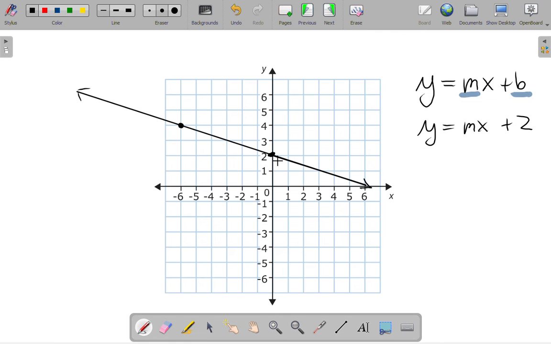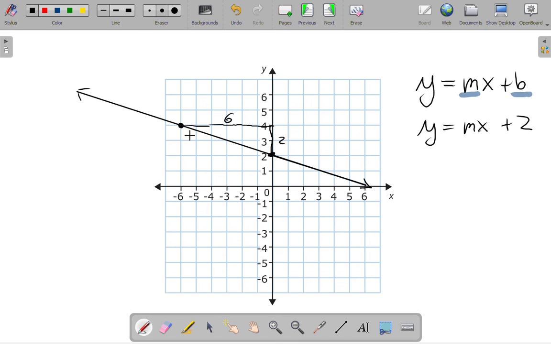If I look at those 2 points, I have to go over this many and I need to go down this many to get back on the line. How many did I go over? 1, 2, 3, 4, 5, 6. I went over 6. How many did I go down? I went down 2.